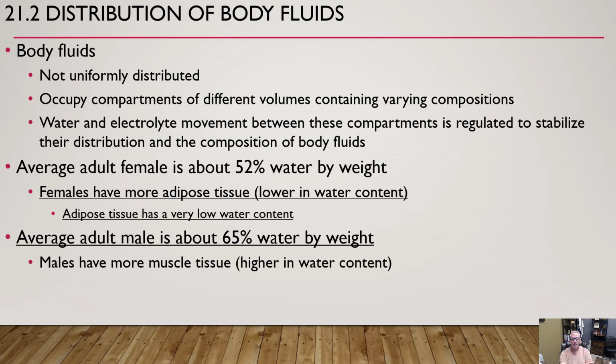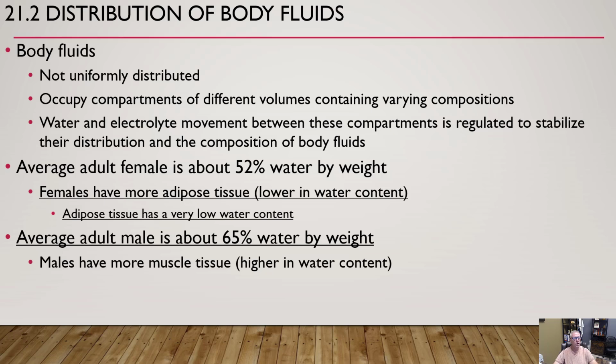And adipose tissue has a lower water content, and muscle tissue has a higher water content. So that's why males have a higher water content by weight, because they typically have a higher amount of muscle tissue.